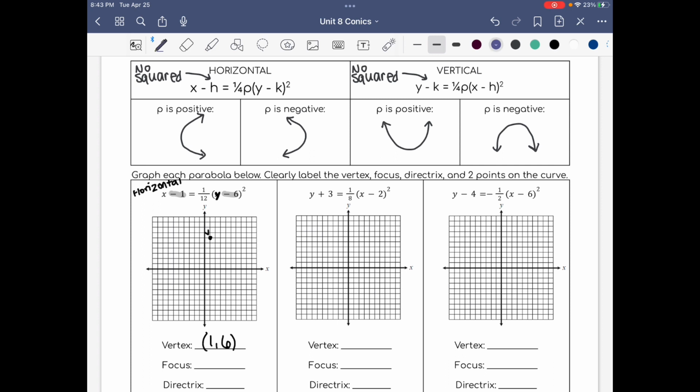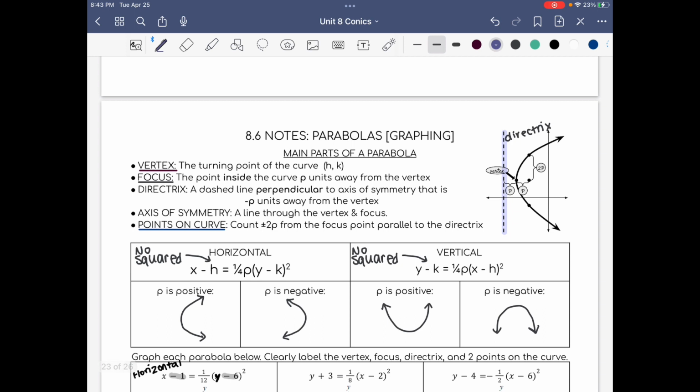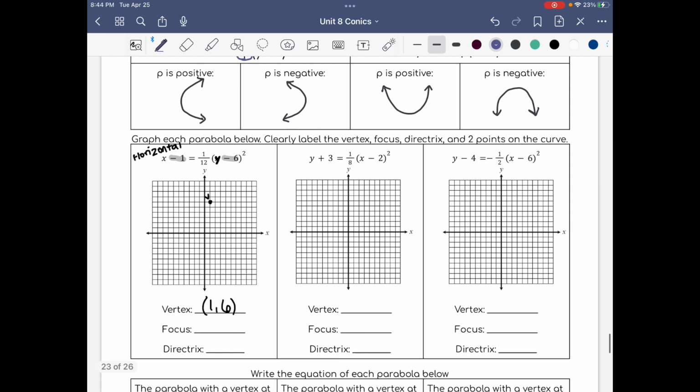Then I have to go plot the focus. And just like I showed you up here, the distance from the vertex to the focus is P. P is being multiplied by 4 on the bottom of that fraction. So in this case, 4p equals 12.